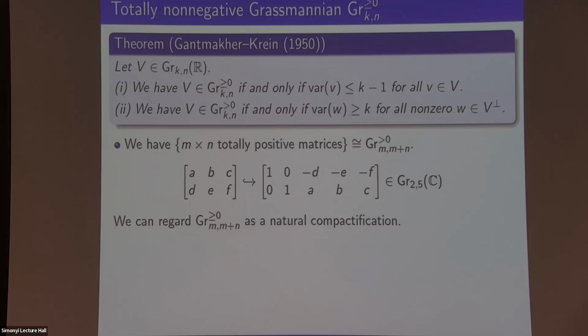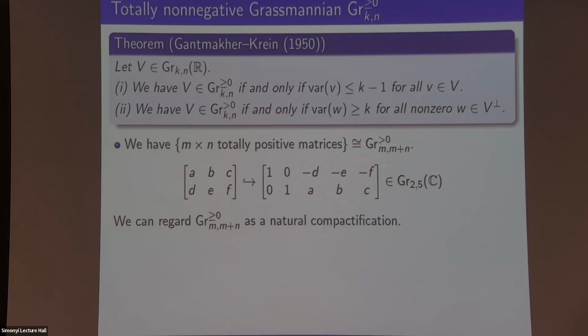You can check that the collection of all minors here is precisely the collection of 2 by 2 minors. So for example, the entry B is the 2 by 2 minor in columns 1 and 4.